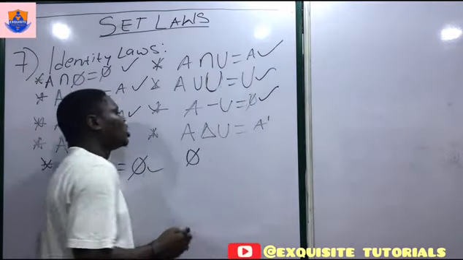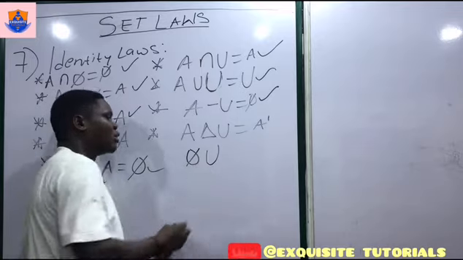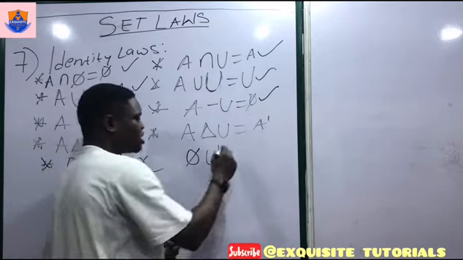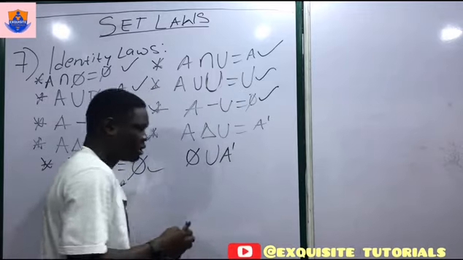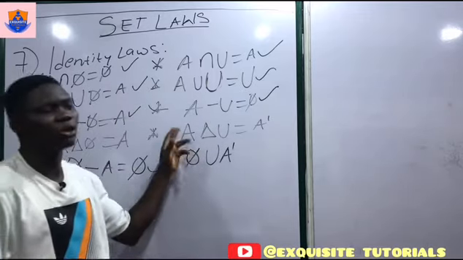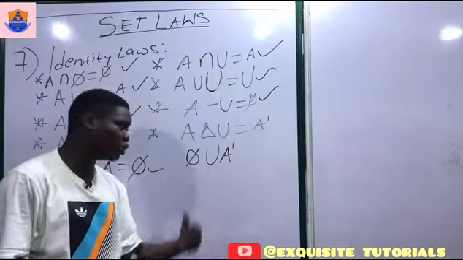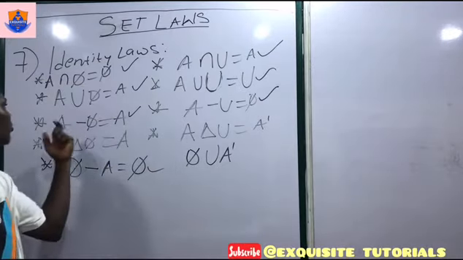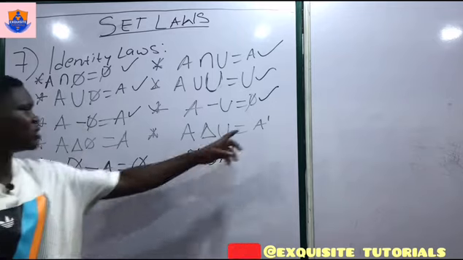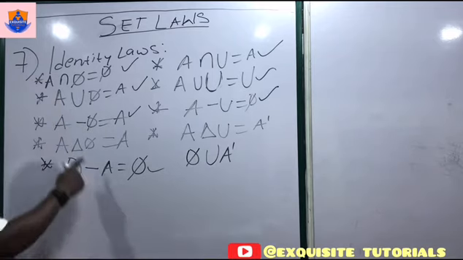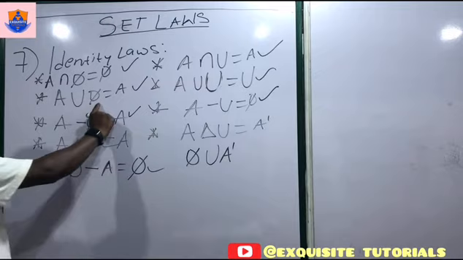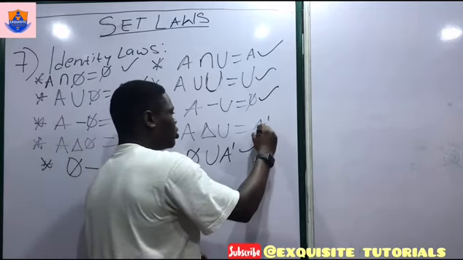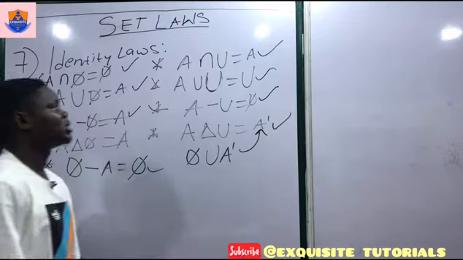Adding it up with those elements that are in the universal set but not in A, which is your complement set, the complement of A. So adding the empty set with your A prime, we've done something like that. It still gives you your A prime. So this is also verified.